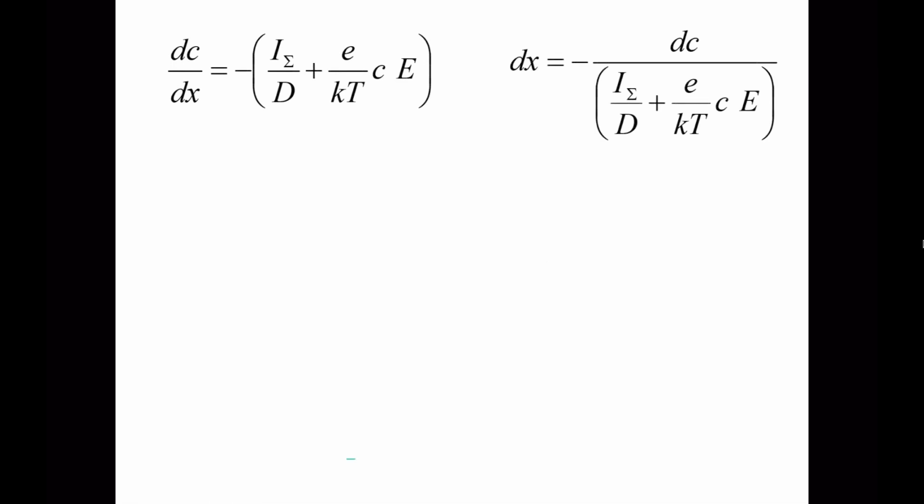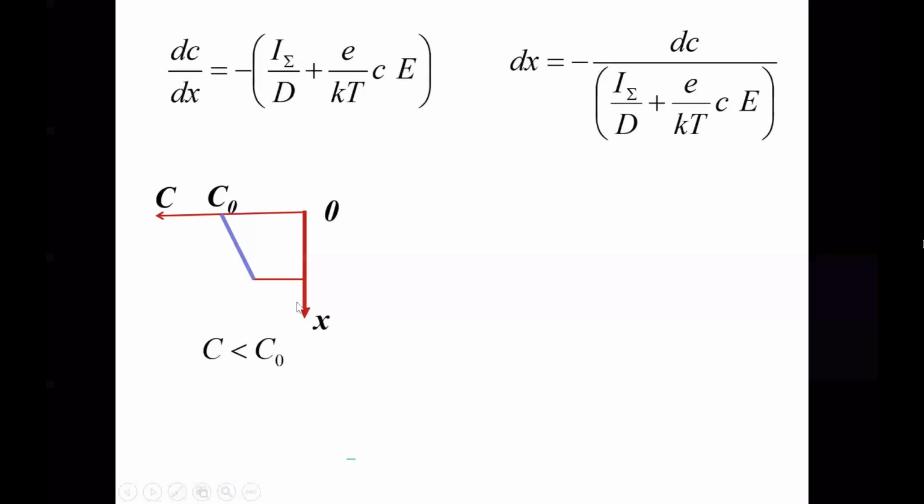Next, we can calculate the deepness of the concentration gradient. So have a look. This is the concentration and this is x, the deepness. The deeper, the lower the concentration, definitely, because the diffusion process goes from the high concentration to the lower concentration.